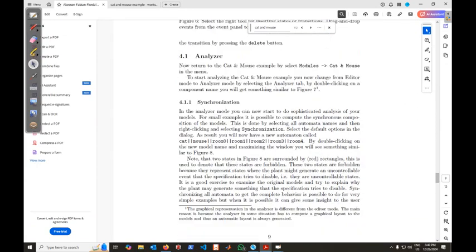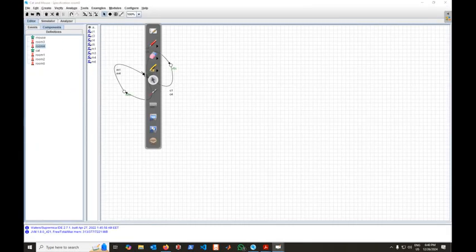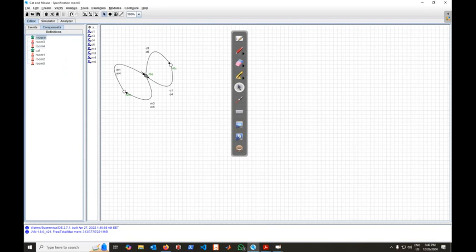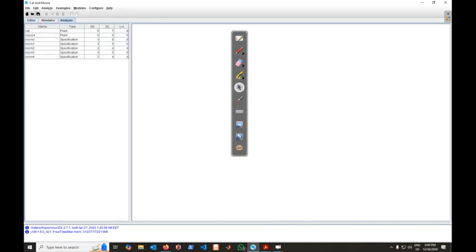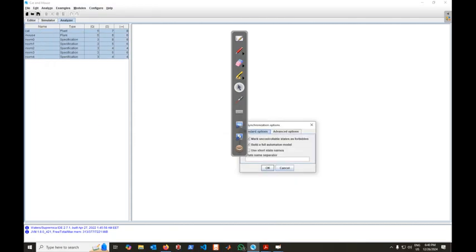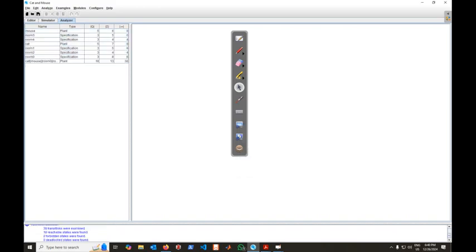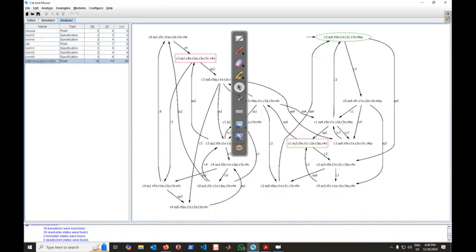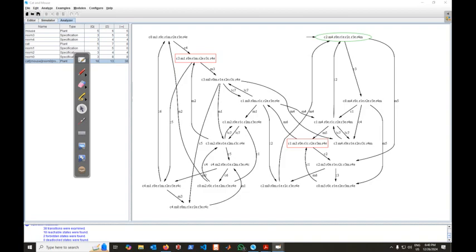I will do the synchronization now. To synchronize, we will go to the analyzer, select the automata, and then synchronize them. This is the resulting parallel synchronization, or parallel composition.